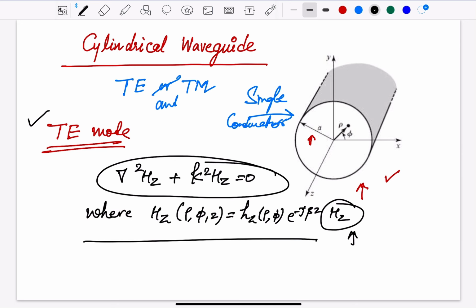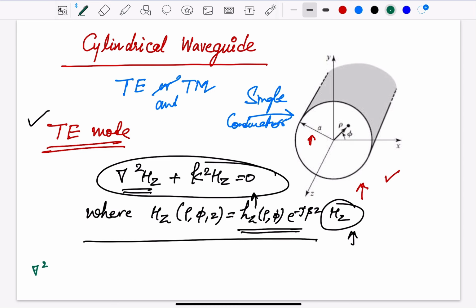We are supposed to insert this Hz, a function of rho, phi, in the above equation, and expand these things in cylindrical coordinate systems too. Here you can see this del square Hz could be expressed in a cylindrical coordinate system.